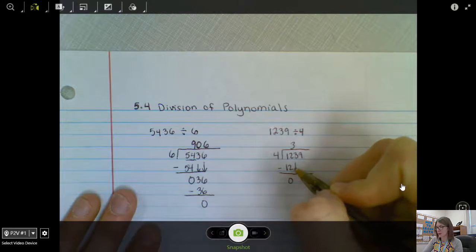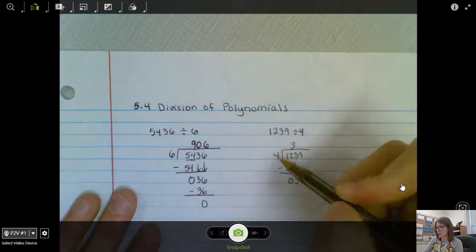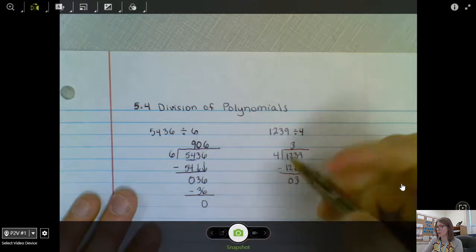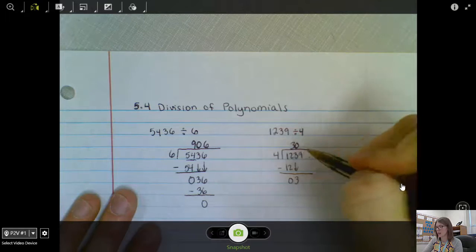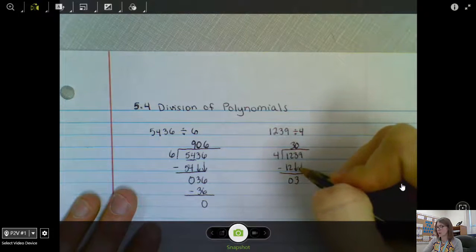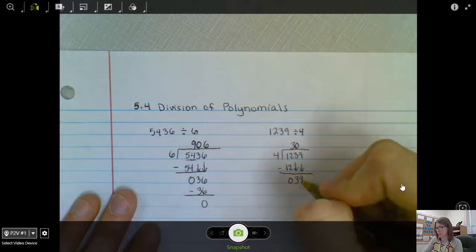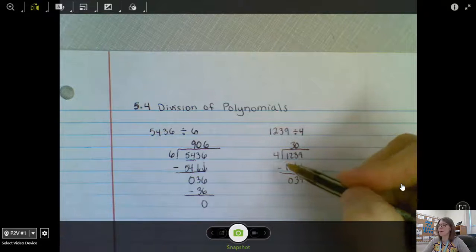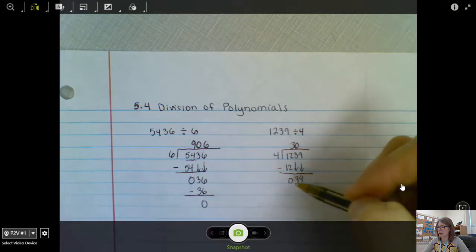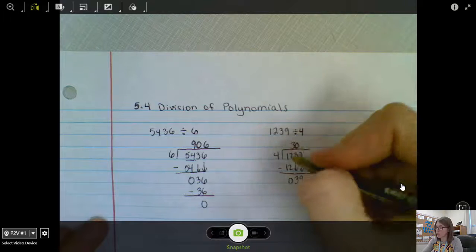Bring down our next number. Well, shoot, 4 doesn't go into 3. Put a 0 up top. Bring down our 9. How many times does 4 go into 39? Well, this might take a second to think about. 4 times 8 is 32. 4 times 9 would be 36.